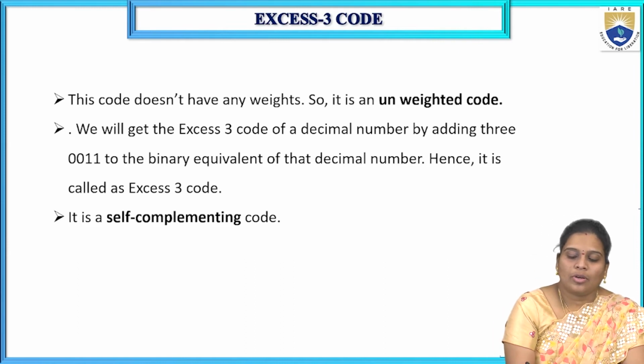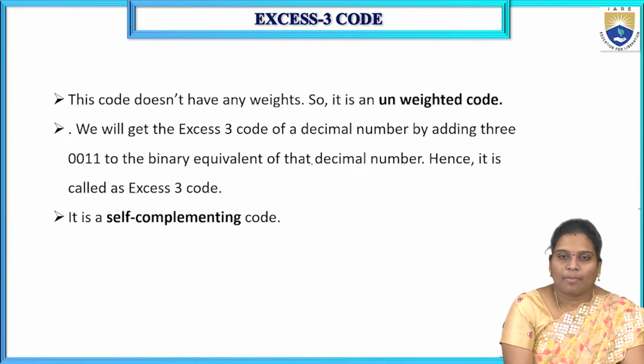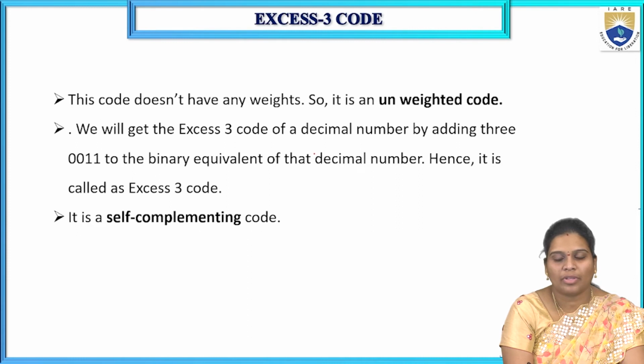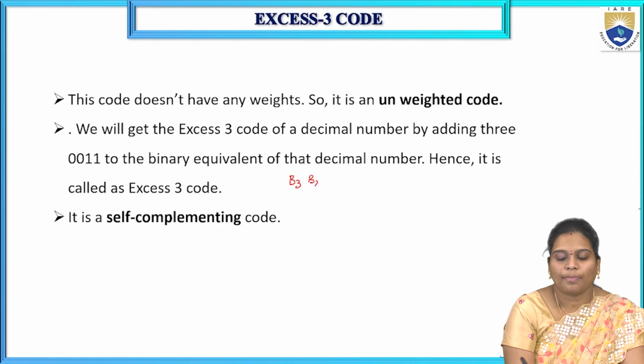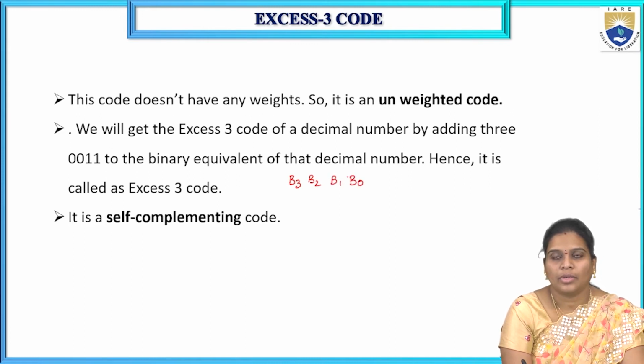Okay, first we take the binary values. Generally we take 4 bits: B3, B2, B1 and B0. Similarly in the XS3 code, E3, E2, E1 and E0.